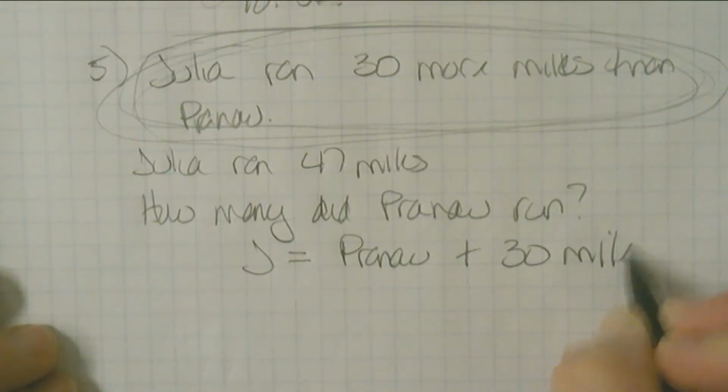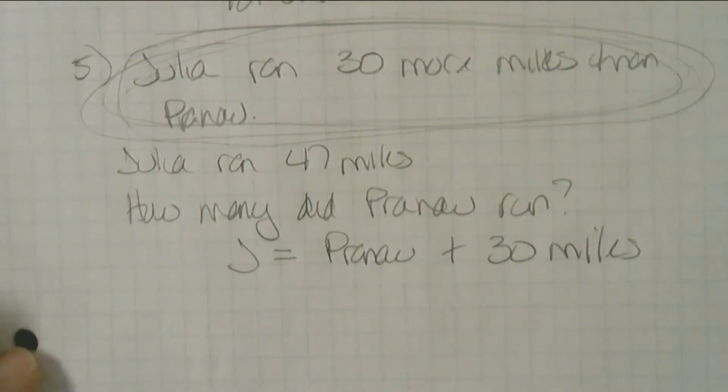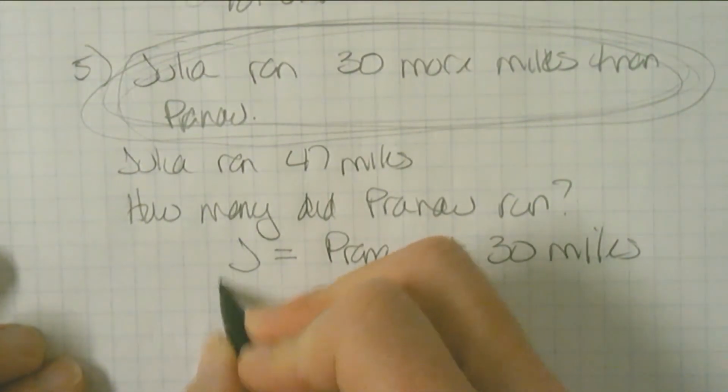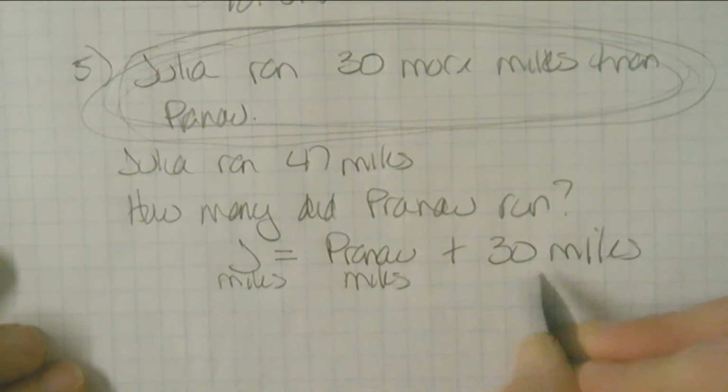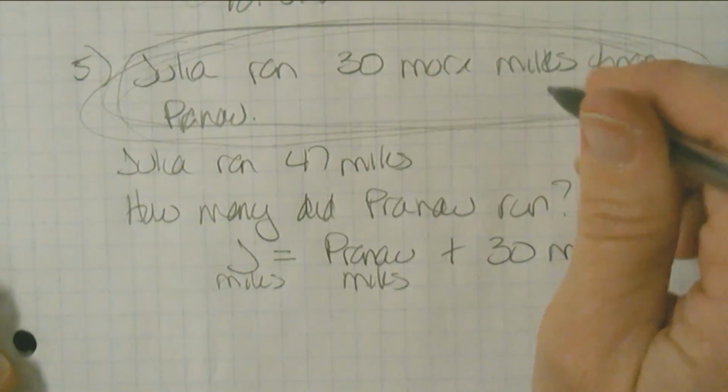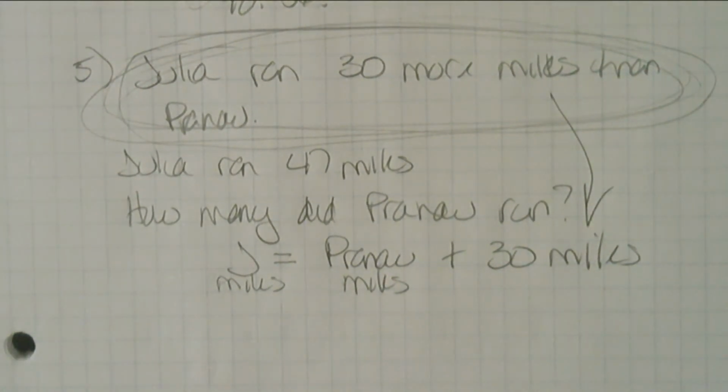This is one of those times that I don't mind you guys writing a number in there. So I'm going to say J miles equals Pranav miles plus 30 miles. That's what that sentence says right there. And that's how I want you guys thinking. Who ran more miles? Julia did, so Julia's equals 30 more than the other one.